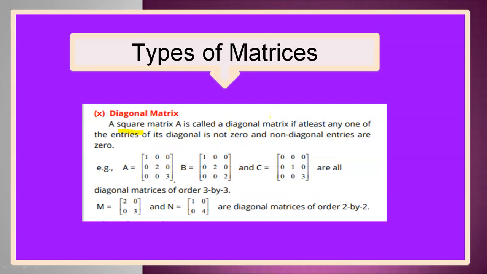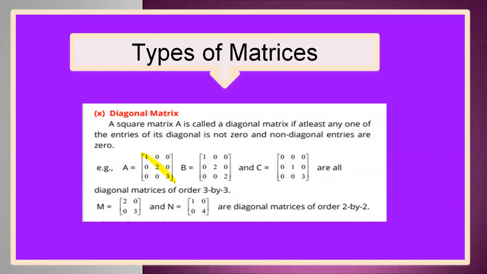So in a square matrix, for a diagonal matrix, the entries that come diagonally are not all zero. They can be any number. The diagonal numbers are coming, and the entries are different. But what about the leftover part? The leftover part should be zero.